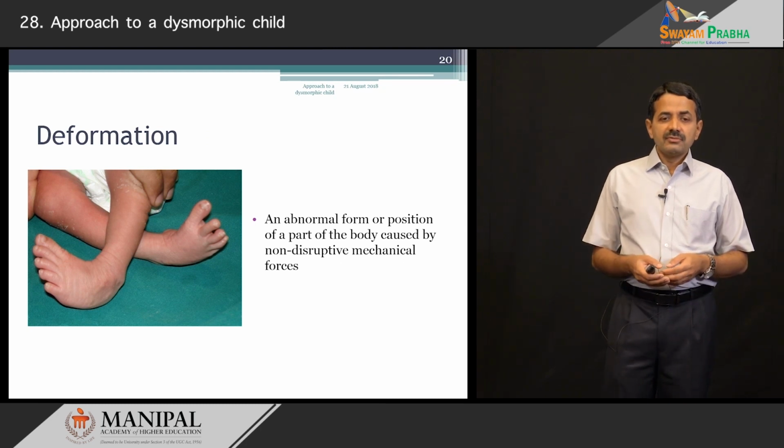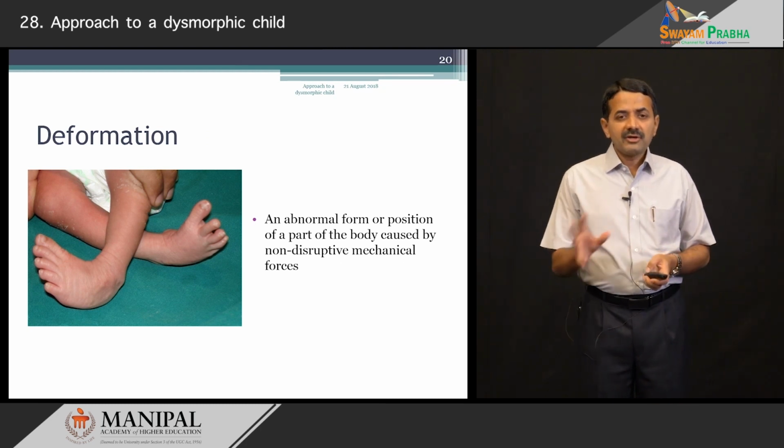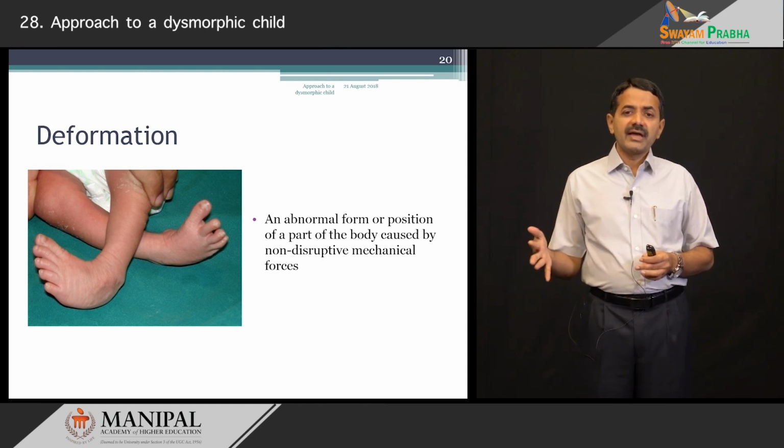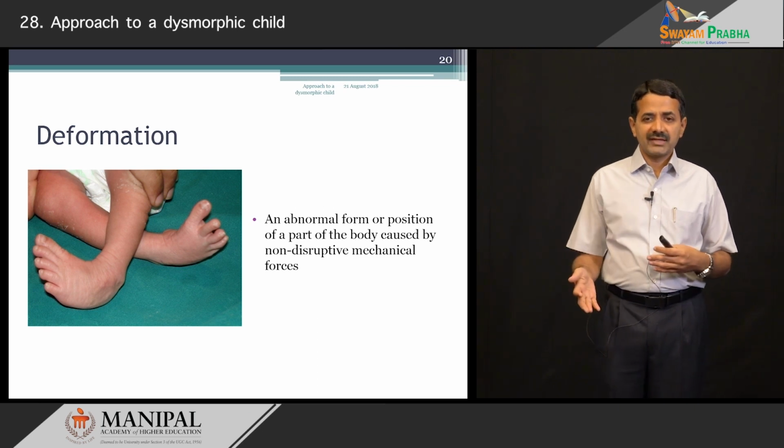Deformation refers to anomaly which results from an extrinsic non-disruptive mechanical force.